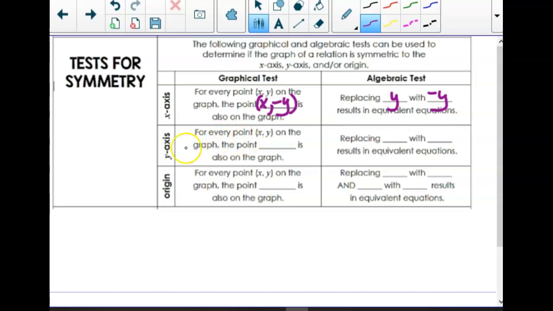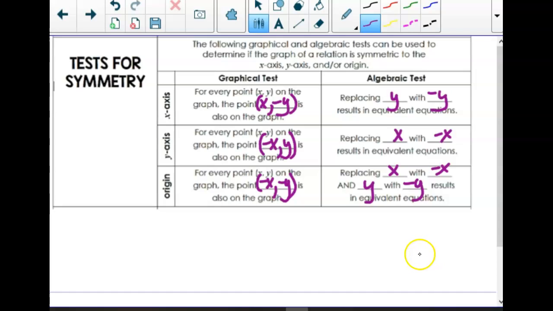For every point, if it's got y-axis symmetry, you change the sign on the x, and replacing x with the opposite of x results in the same equation. For every point x, y, if it has origin symmetry, you replace both x and y. So replacing x with -x and y with -y results in the equivalent equation. All right.